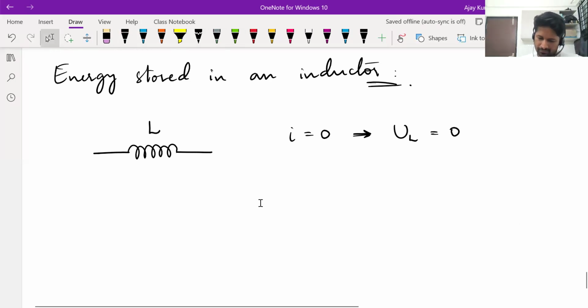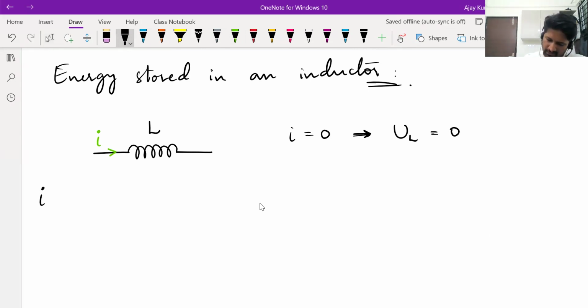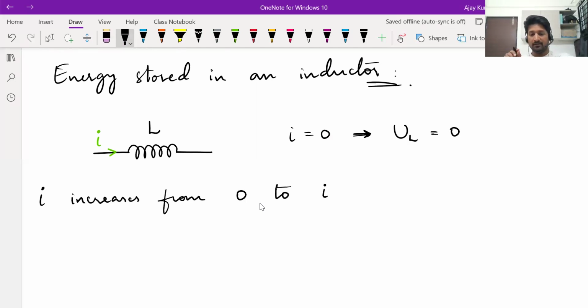Let's assume current flows this way, and let's say the current is increasing. Assume current increases from 0 initially to a final value of I. If you remember, when deriving the energy stored in a capacitor also, we first take an uncharged capacitor and we imagine charge to be transferred from one plate to the other plate gradually, step by step.